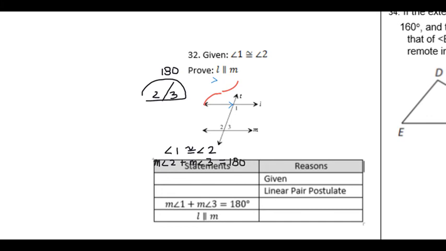Now, since angle 1 and angle 2 are actually congruent to each other, I can replace angle 2 with angle 1. And that was substitution.